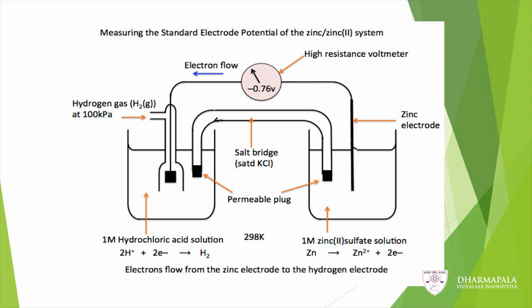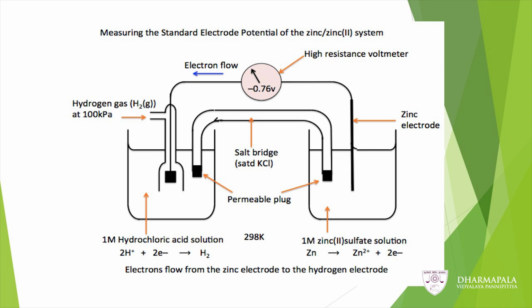The standard hydrogen electrode has been connected to this zinc 2 plus system. Salt bridge is used to complete the electrical circuit, making a liquid junction. Salt bridge is a glass tube filled with a solution of an electrolyte like potassium nitrate.